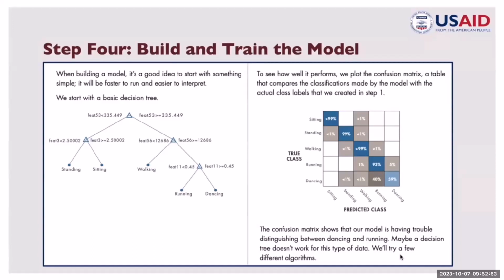So basically, compared to the other output labels, which are sitting, standing, and walking, which achieve 99% or greater, the other two output labels, running and dancing, achieve a very low accuracy performance. Maybe a decision tree doesn't work for this type of data. Therefore, we'll try to use a different algorithm.